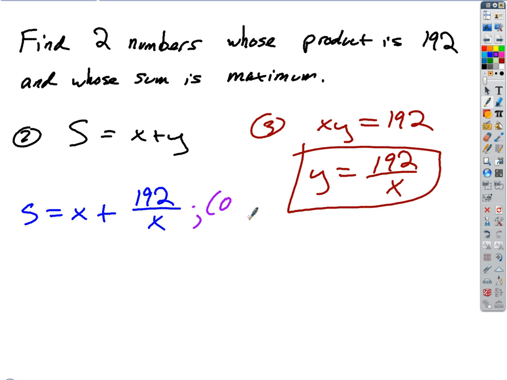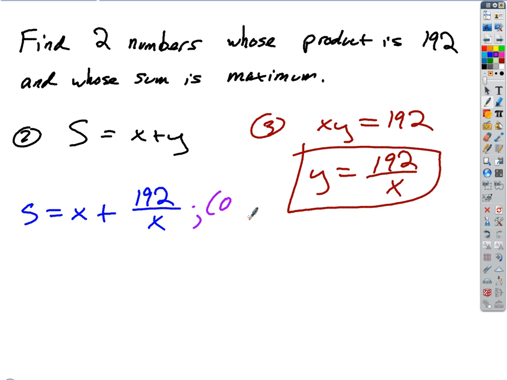So our domain, we know x has to be greater than 0. Now, what's going to be the biggest that x could be? Well, as x gets big, y gets small, right? Does that make sense? As y approaches 0, but y can't be 0 either, what behavior of x would cause that? These two numbers are interchangeable; we just called one x and one y arbitrarily, but they're just two positive numbers.